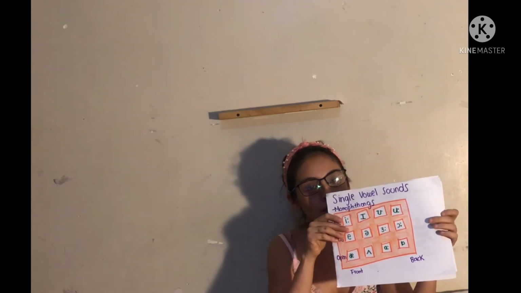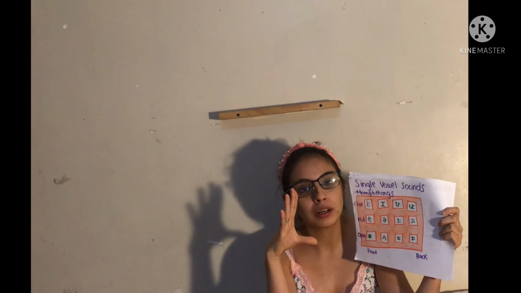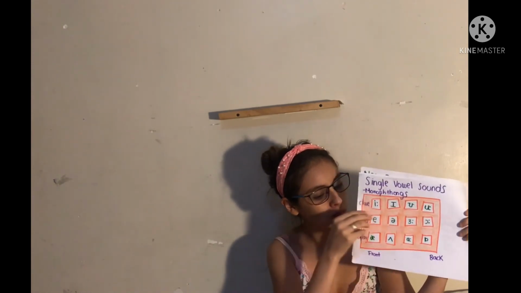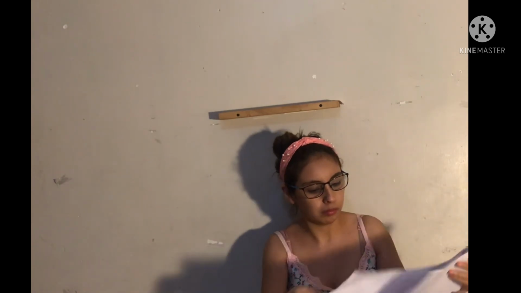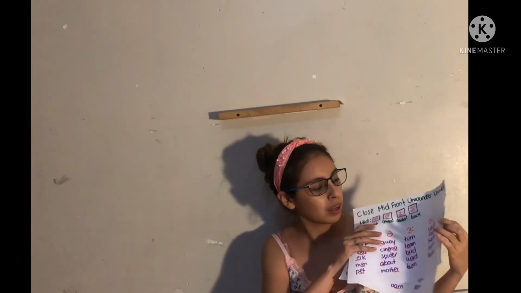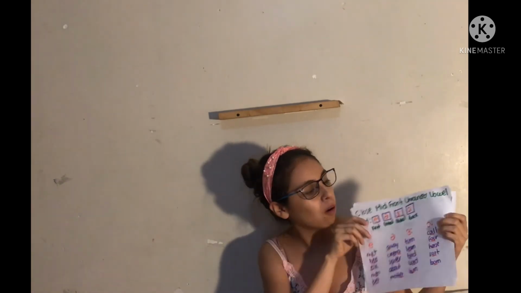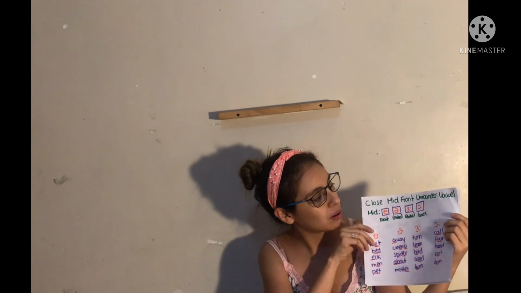Let's see some examples of vowels with their mouth half open, half closed. The vowels of the second row. Close-mid front unrounded vowel.